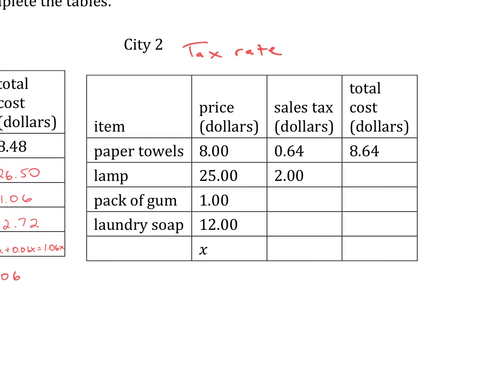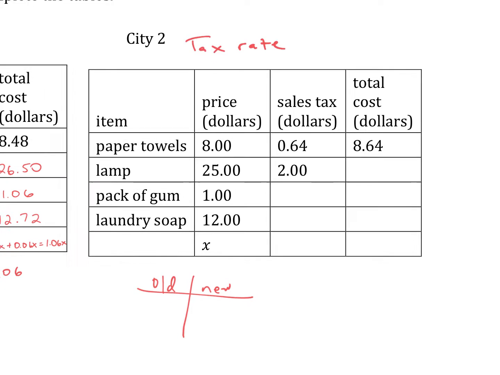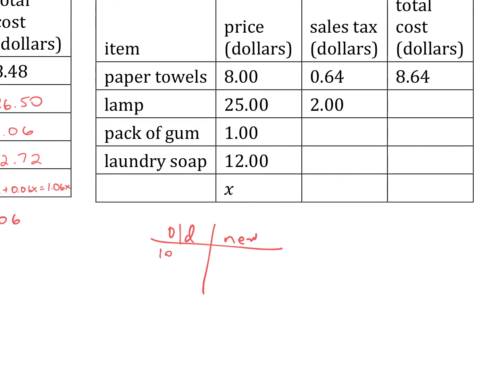All right, let's look at city 2. Again, I use that idea of old versus new. My old percentage is 100. I don't know the new percentage. My old amount is $8, and my new amount is $8.64. So I'm going to set up my ratio of 864 over 8 and divide.